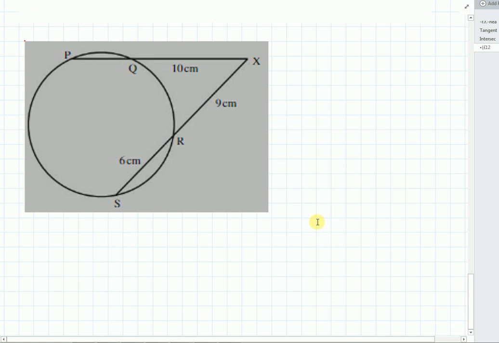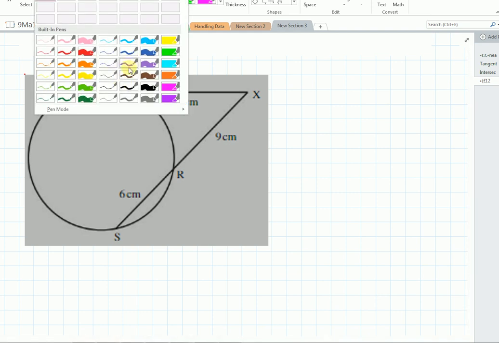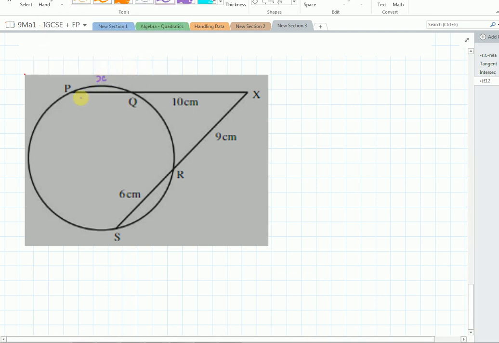Last one. We've got to find the missing length PQ. So we need this length PQ over here, which is that length there. How can we do this one? Well, it's the distance PX times QX.